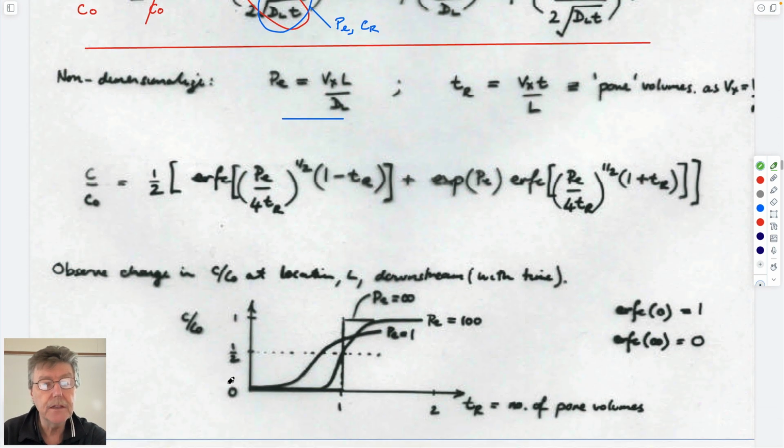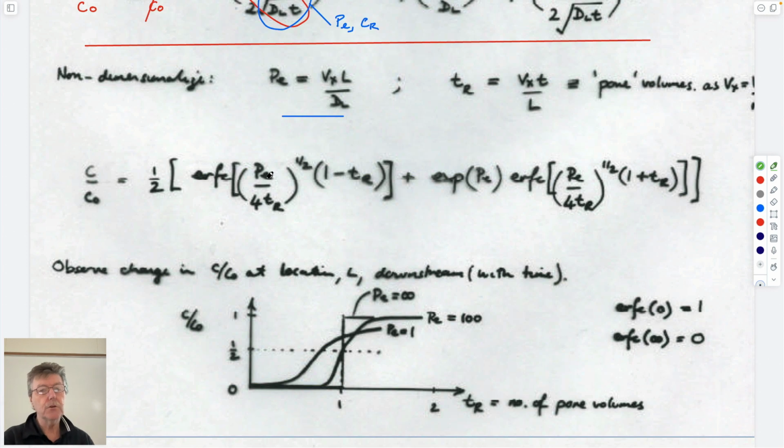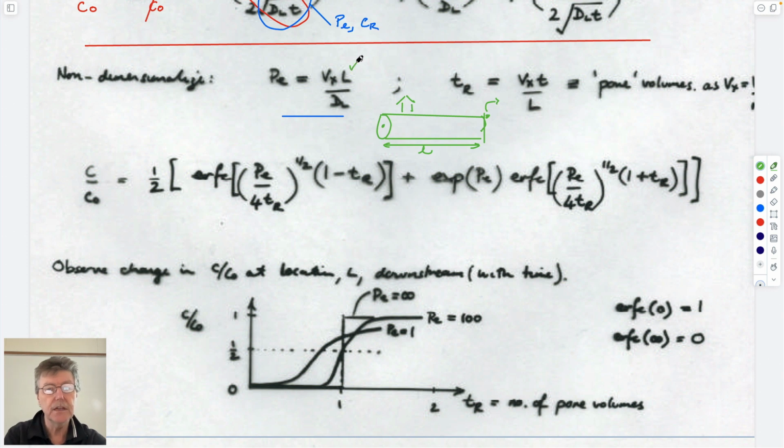So the bottom line is if you plug some numbers into this equation for the Peclet number, and I suppose this is your core, and this represents your aquifer, and this is where it's going in, and this is where your well is pumping out, then this would represent L. So you're sampling at this point here, which is L. You know what this material property is.